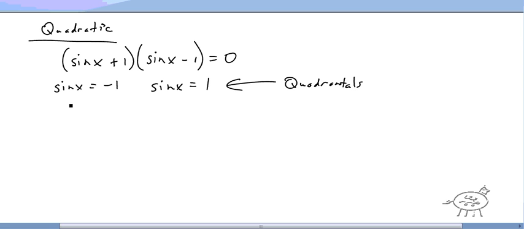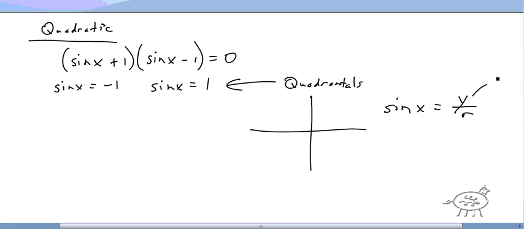Okay, so what you're asking yourselves, I'm not even going to make a sketch. I guess I could if you wanted, because you know, in this case, sine of x equals y over r. So I'm looking for where this is either 1 or negative 1. Or you can just kind of remember it. Let's do the 1 first.